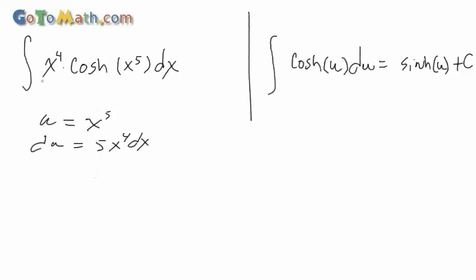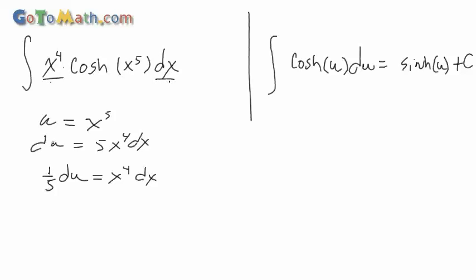All right. Well, we have an x to the fourth and we have a dx, but we don't have a 5. So in order to substitute in for these guys, what I'm going to do is go ahead and take this 5 diagonally down, or technically we're multiplying both sides by 1/5. So now we can substitute the x to the fourth and the dx in for the 1/5 du.